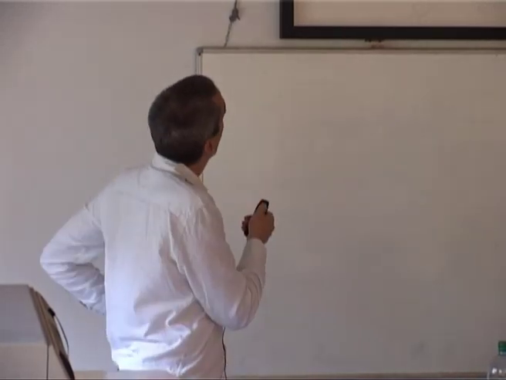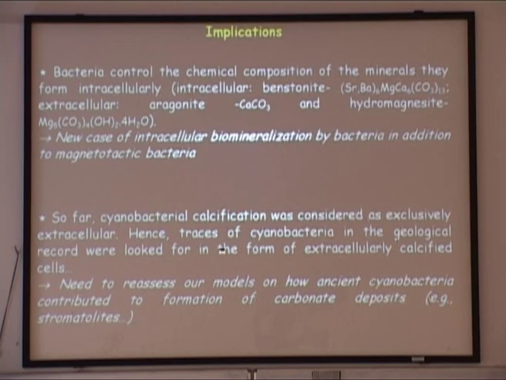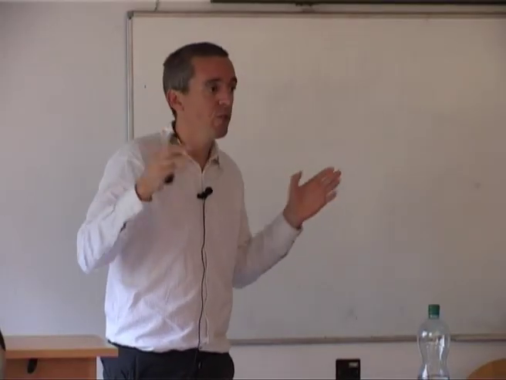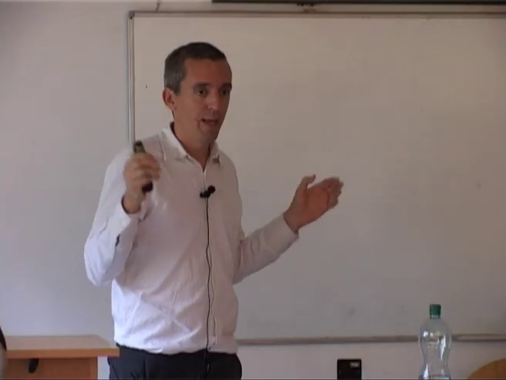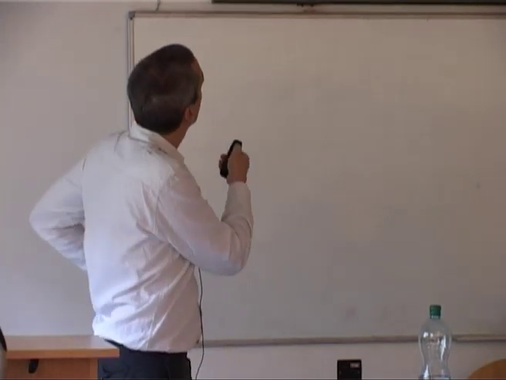Second thing, cyanobacteria calcification. We know that cyanobacteria induce calcification, the precipitation of calcium carbonates. But so far, everybody considered that this calcification was always extracellular. What is the implication of that?